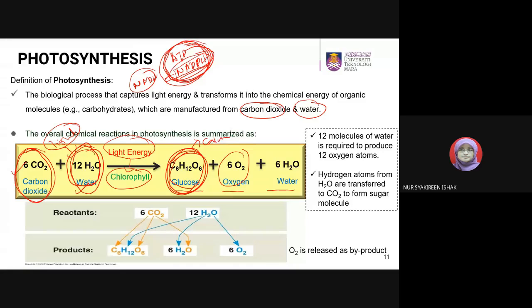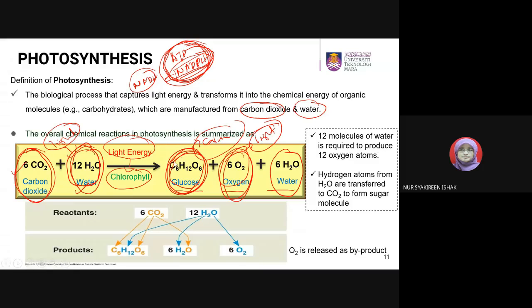Oxygen is produced during light reaction. Water is produced during both lah kot. Tapi yang pentingnya kena tahu like the oxygen is released during light reaction, glucose is during Calvin cycle.